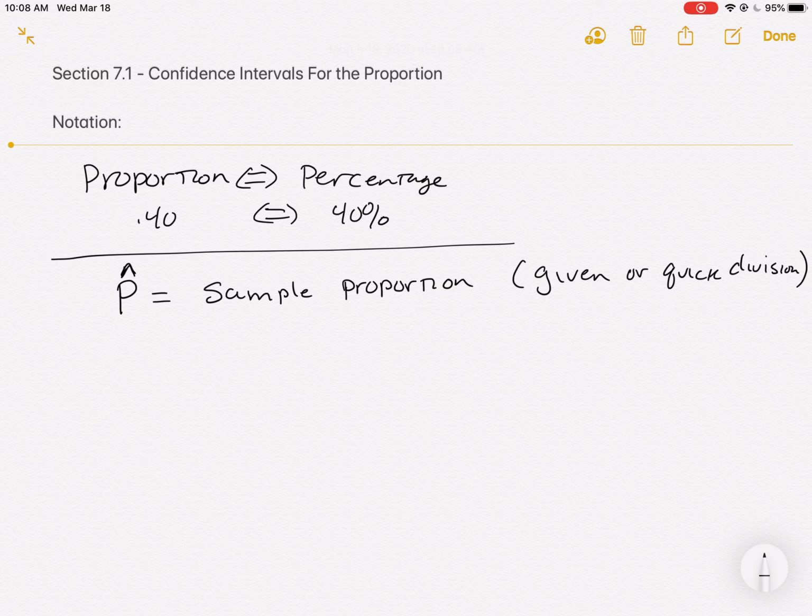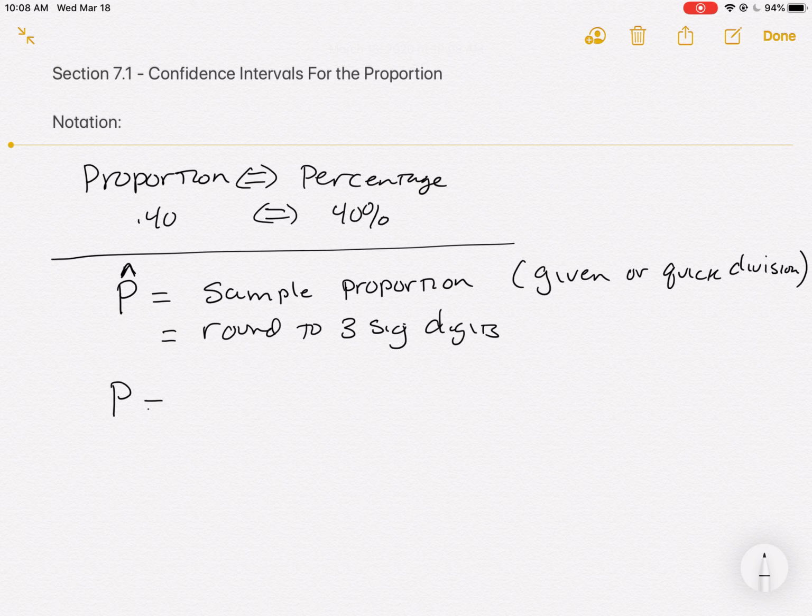You'll see in the homework problems, I think most of the time they make you divide two numbers in order to come up with the sample proportion. They'll usually round this if they have to do the division the same way we do it for probability, and that is to round to 3 significant digits. Okay, so if you have to do that division.